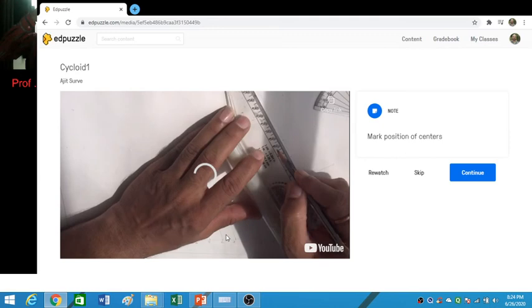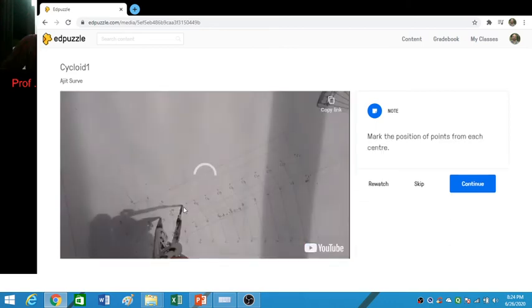Yeah. So here these are the centers, so we mark the center positions and we continue the same thing here. Here you got the center position, draw the lines passing through the various divisions, and then mark the center positions also, and yes, like this one. And by taking the centers, you just go on marking the points on each and every division.